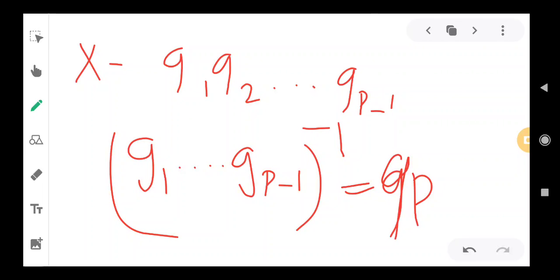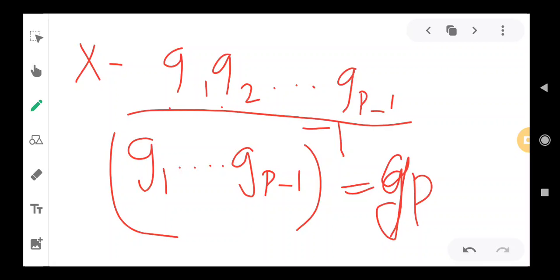So we can choose G1 to Gp minus 1 in a random way, but to choose Gp we need the inverse of that product. So Gp is determined by G1 to Gp minus 1, which can be any elements of G.